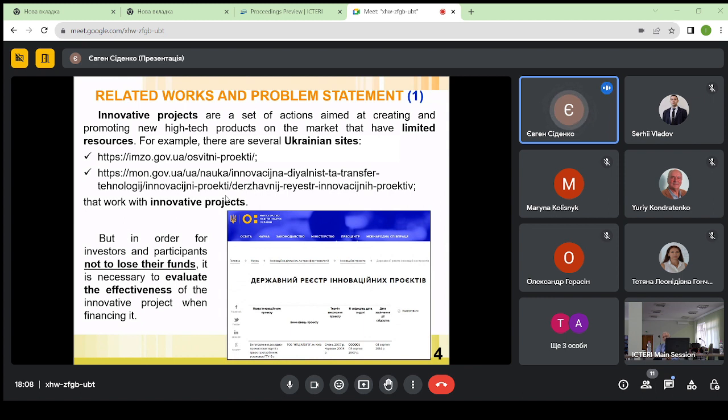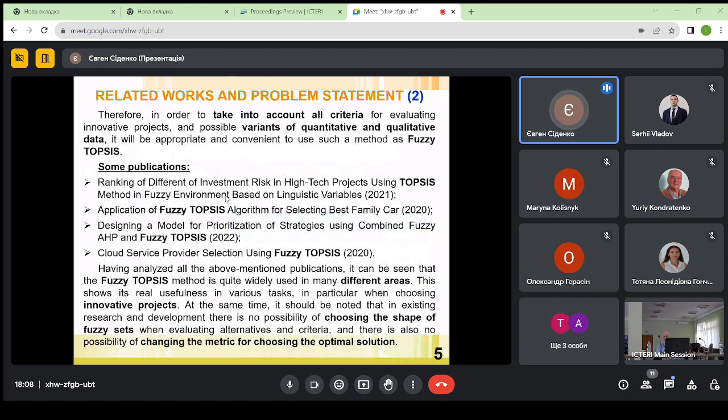But in order for investors and participants not to lose their funds, it is necessary to evaluate the effectiveness of the innovative project when financing it. Therefore, in order to take into account all criteria for evaluating innovative projects and possible variance of quantitative and qualitative data, it will be appropriate and convenient to use a method such as fuzzy TOPSIS.